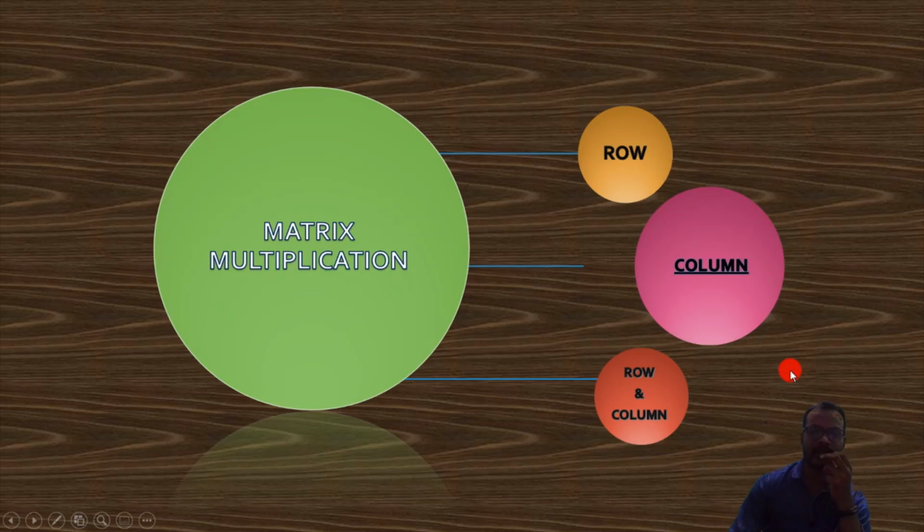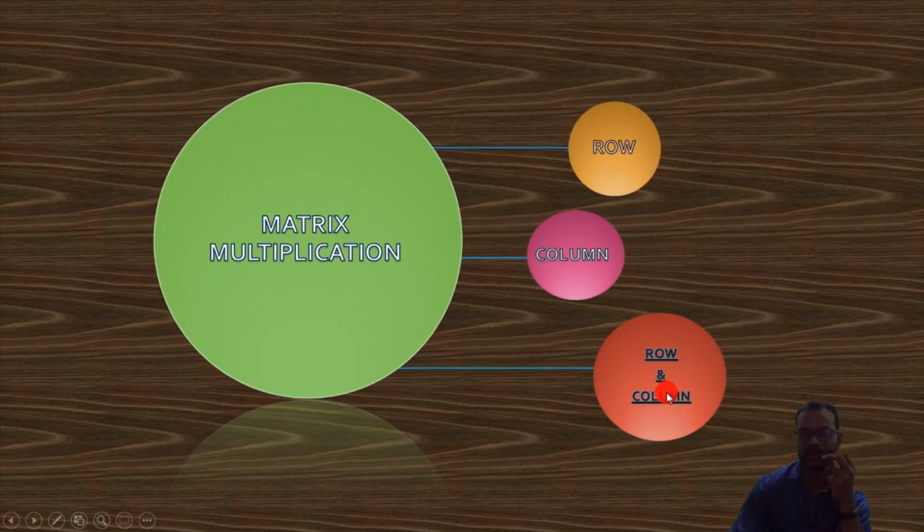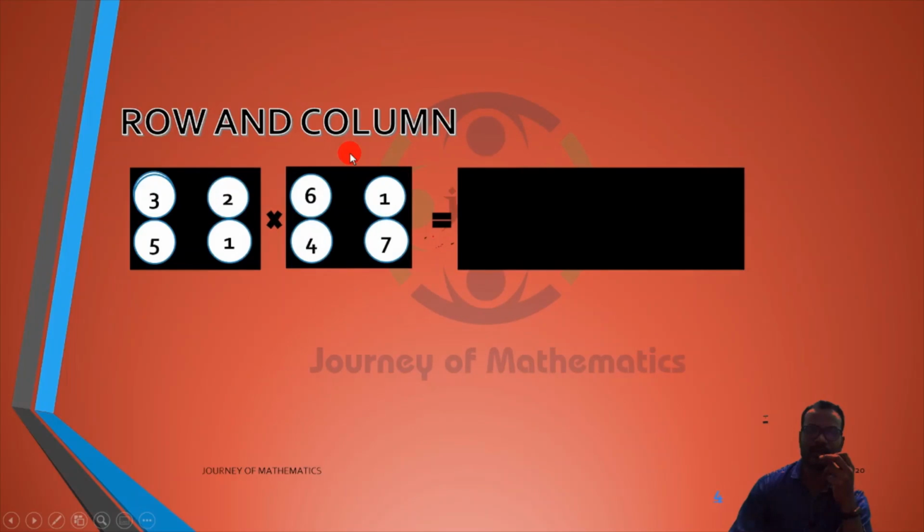Now let us go for the next multiplication, that is row and column multiplication. This is very familiar to you. This multiplication you have to do in a T shape. That means take the first row of the first matrix and multiply with the first column of the second matrix element-wise.